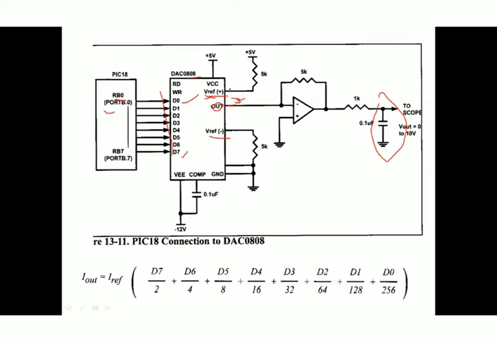That is, positive reference minus negative reference gives the actual reference voltage. Ground means 0, so the voltage across these differential reference inputs becomes 5 volts in this example.